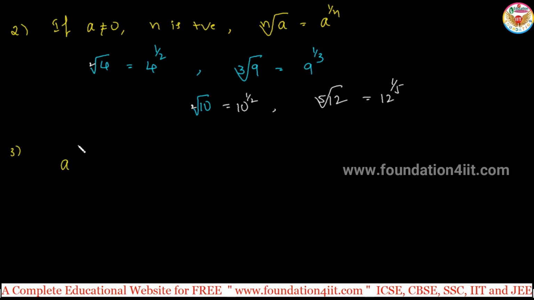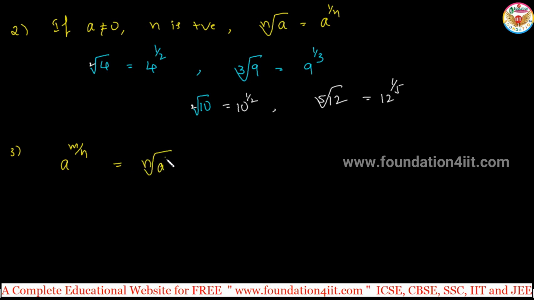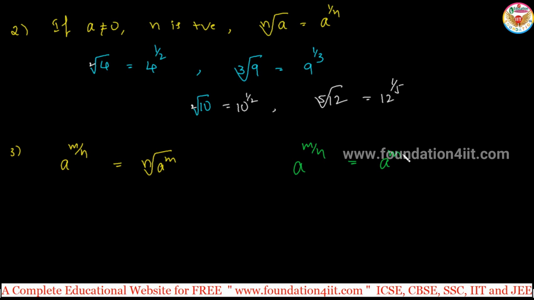A to the power m by n, m divided by n as the power of a, that we can write as nth root of a to the power m. So generally we can write a to the power m divided by n as a to the power m whole to the power 1 by n, right?